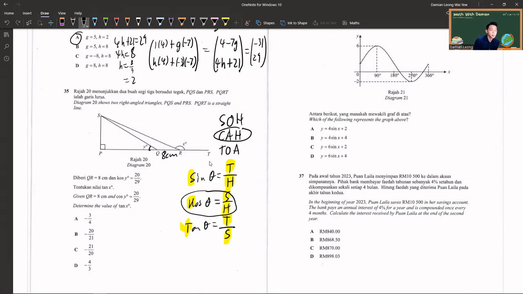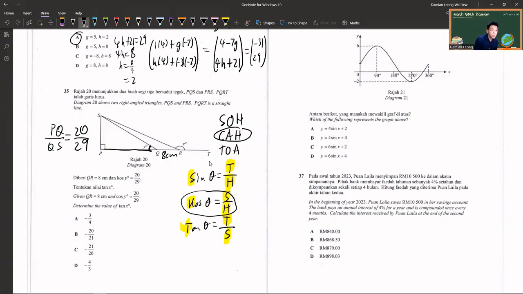Sebelah maknanya sebelah sudut. Ya, sebelah sudut yang dikira lah. So PQ over QS equals 20/29.